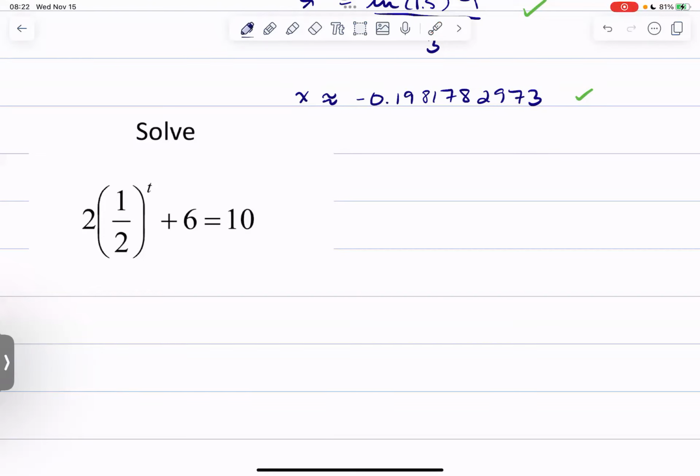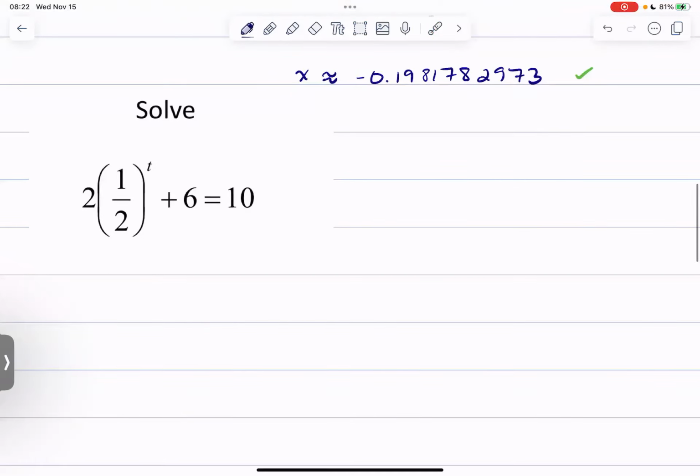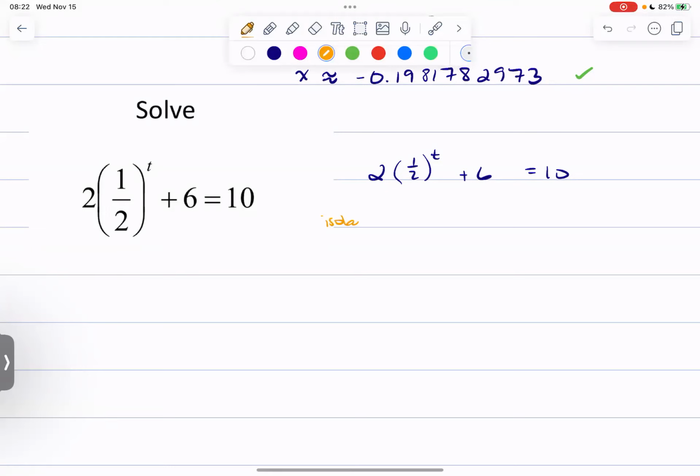And so let's see here. I'll write it out here. 2 times 1/2 to the t plus 6 is equal to 10. We're going to isolate the exponent. So I get 2 times 1/2 to the t is 10 minus 6.